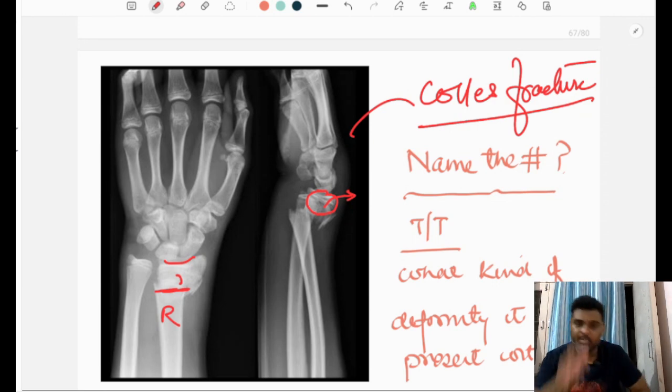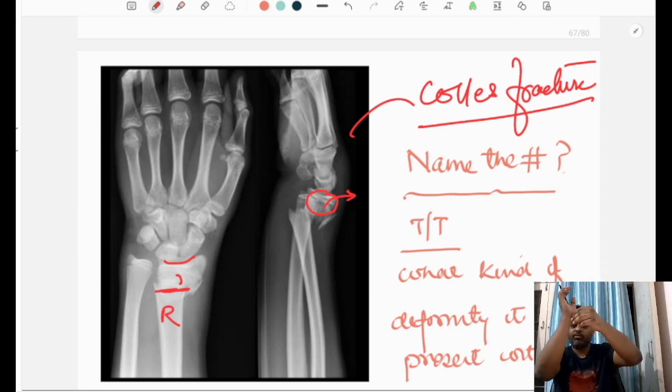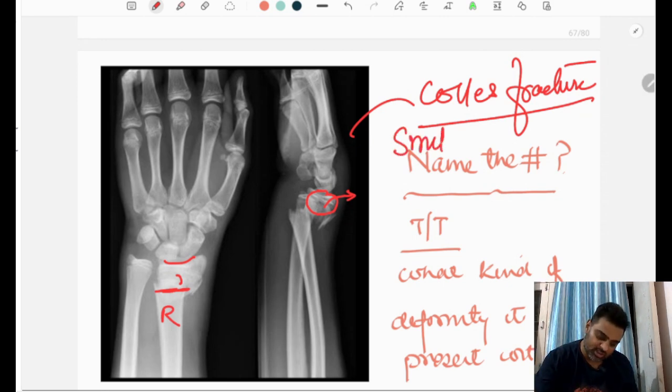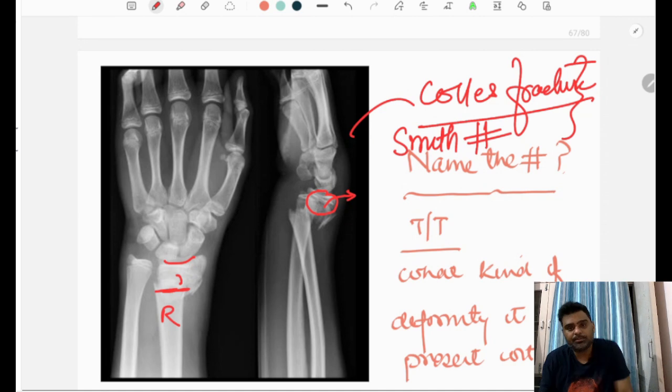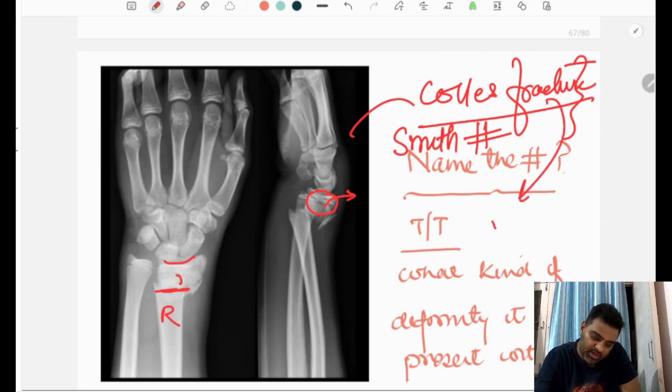Now, if the distal fragment goes ventrally, an extra-articular fracture of the radius where the distal fragment goes towards the palm side, then that is known as Smith fracture. Smith fracture and Colles fracture are both extra-articular fractures and both require closed reduction and immobilization. Now, in Colles fracture, what will be the deformity? We all know dinner fork deformity.